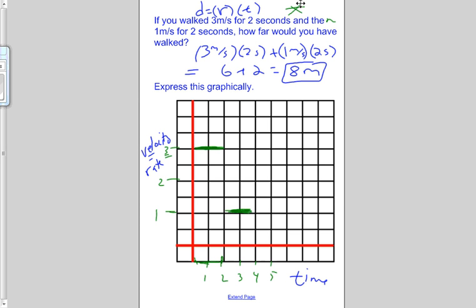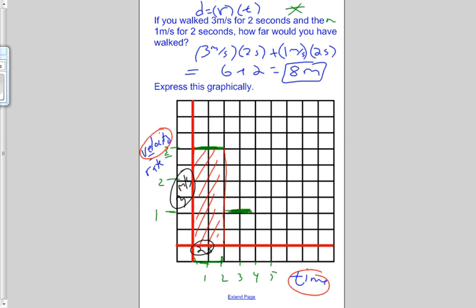And then what we want to do is graphically show the distance. Well, distance we know is rate times time. We've got our velocity, or our rate, times our time. So what does that look like? That's really just this box that I'm drawing here, which has the dimensions of 3 meters per second times 2 seconds.